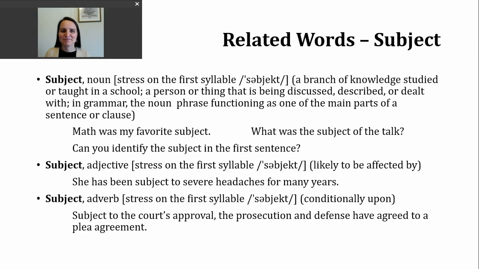True sentence there. A second way to use the noun subject is to refer to a person or thing that is being discussed, described, or dealt with. Here's an example of that. What was the subject of the talk? Okay. So here I might be referencing a professional speaker and wanting to know what was the thing they were discussing.